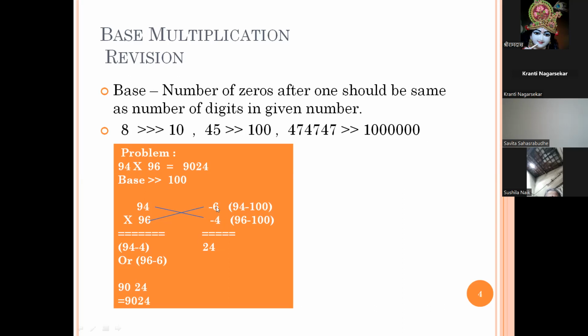Minus into minus is plus, so 6 fours are 24. Then you can subtract crosswise, 94 minus 4 or 96 minus 6, the answer is the same. So the answer is 9024. We covered that in our last class.